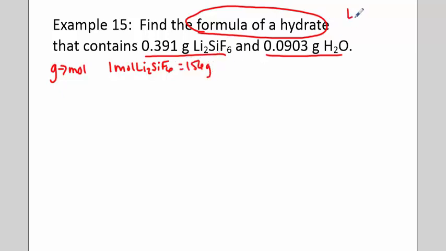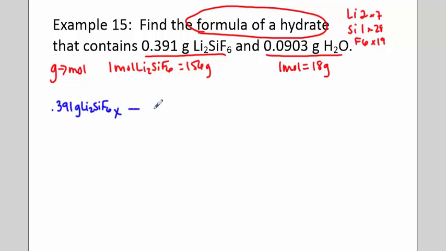I got that by doing the stack it, multiplying and then adding them up, and that's how I got that 156. Same thing for water, 1 mole is 18 grams. So now I'm going to do my 2 mole conversions. 0.391 grams, and make sure you label everything so you know what we're doing.